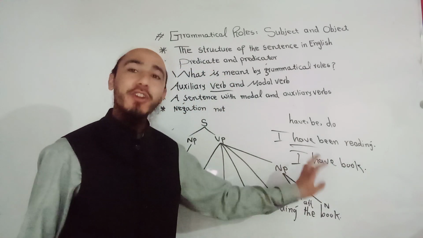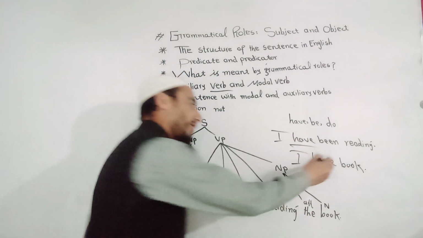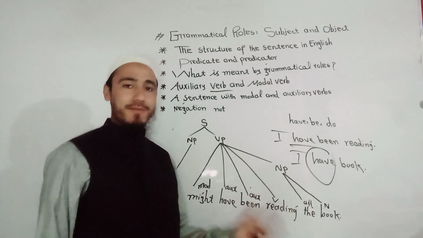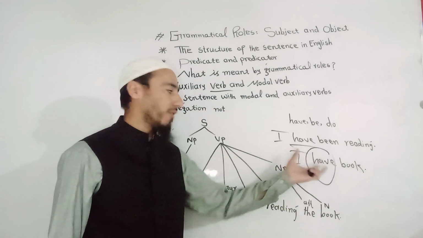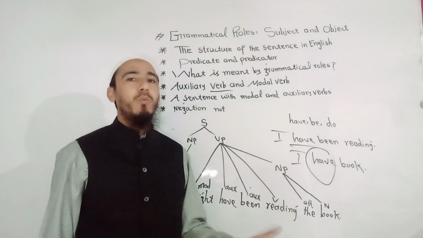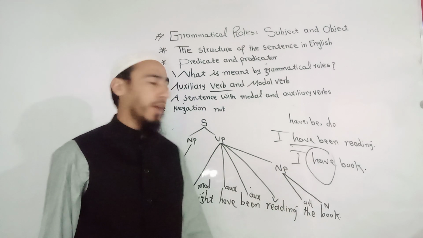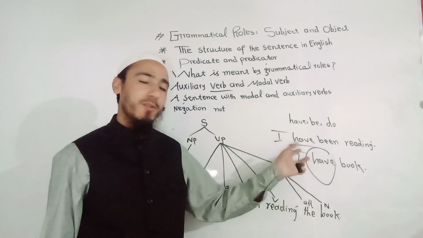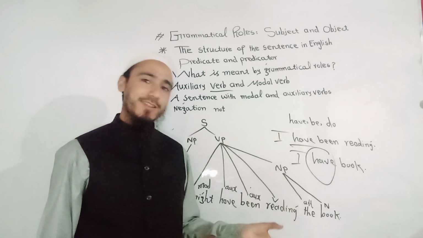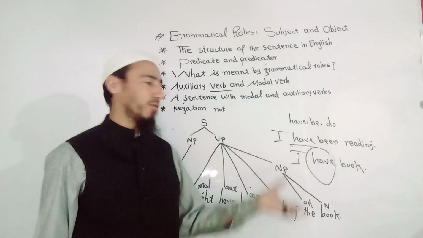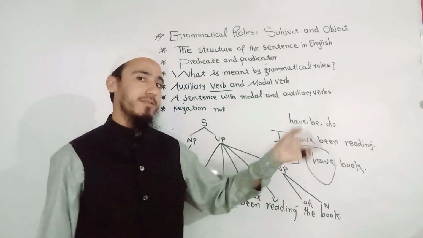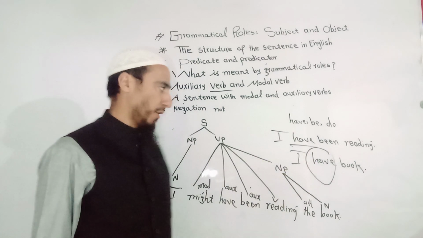Listeners and audience, here you don't see another main verb, so the function of this have is main verb. Instead of have, if you are talking about has, so has is also its form. You may say "He has a book." So it's also functioning as a main verb or as a helping verb.